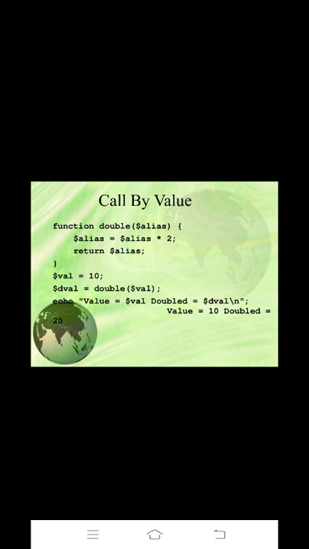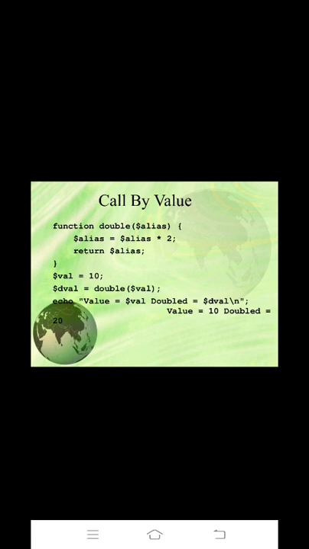So see here in this program, $value is equal to 10. Now $d_value is equal to double($value). So now the compiler calls double, then the value 10 is assigned to the alice variable. $alice = $alice * 2 means 10 * 2 is 20, and it returns that 20 into $d_value.